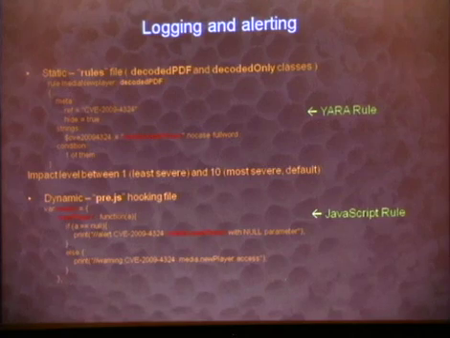So there's another type of rule that is necessary to detect these things, and that's a dynamic rule. And this is JavaScript. And basically, we're creating the object which will execute once the JavaScript actually executes.